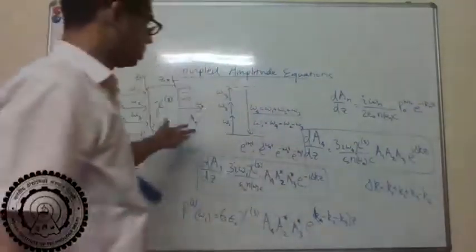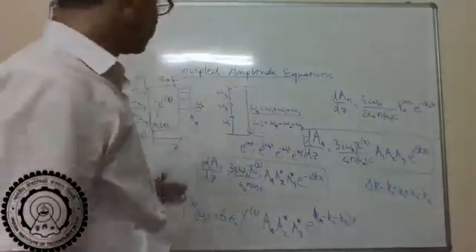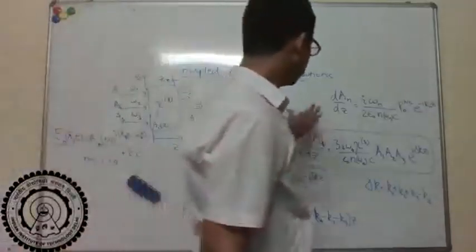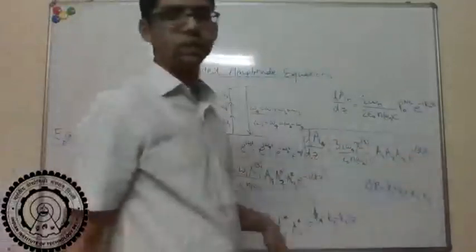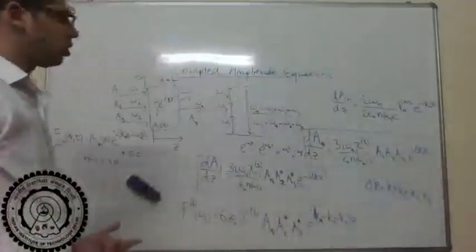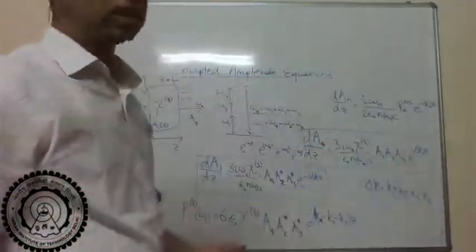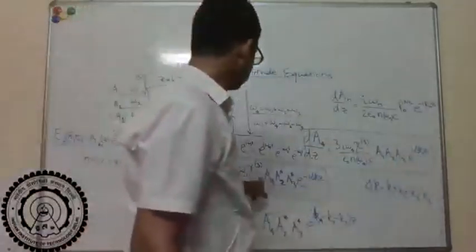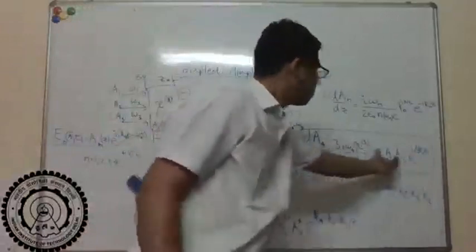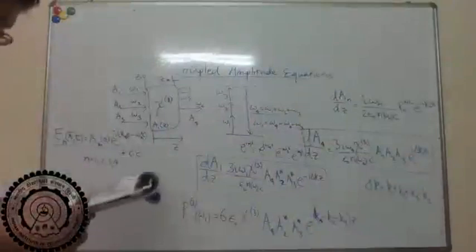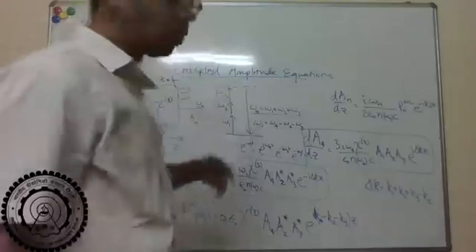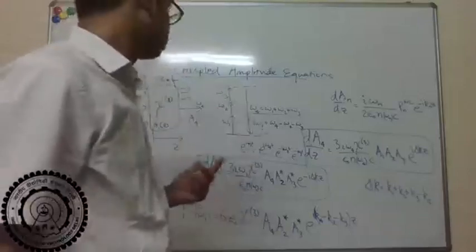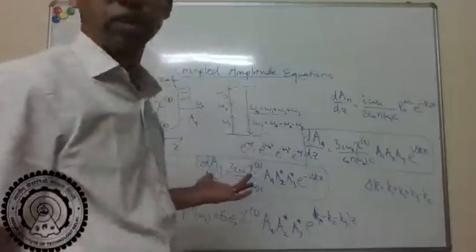So you get 4 equations, and you can see all of them are coupled to each other because the equation for A4 has A1 to A3 on the other side. For A1 it has A2. So in general they are all coupled to each other. They are all nonlinear differential equations because on the right hand side you have nonlinear terms, right? So in general, if you want to solve such equations, it's not trivial at all, right?